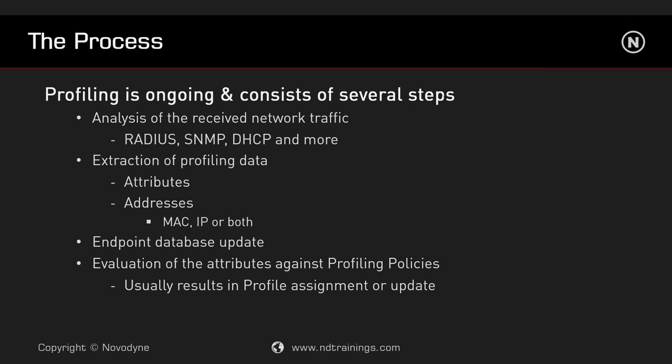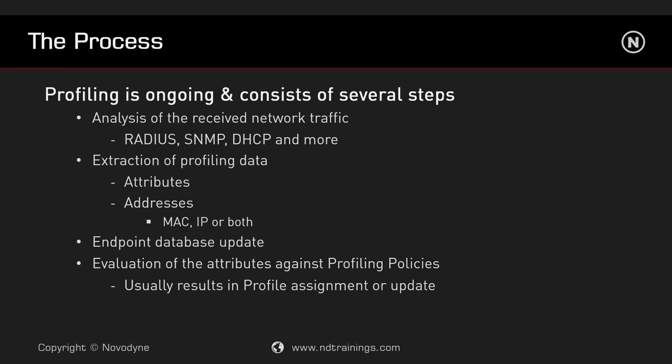There are multiple profiling policies available on ISE, and the goal is going to be to find at least one matching policy, and this way be able to tell what kind of a device we are seeing in the network. As a result of this last step, in most cases we will find a profile for the device, or maybe if the device was already profiled, we just collected some more attributes for the endpoint, we will be able to find a new profile for the device, which is known as reprofiling.